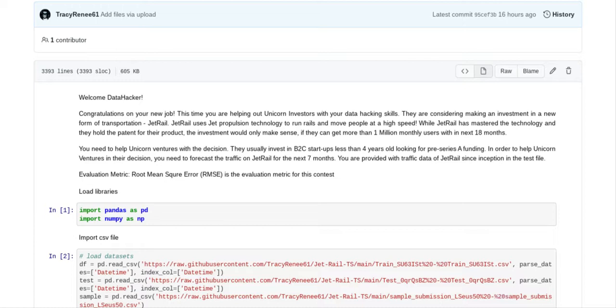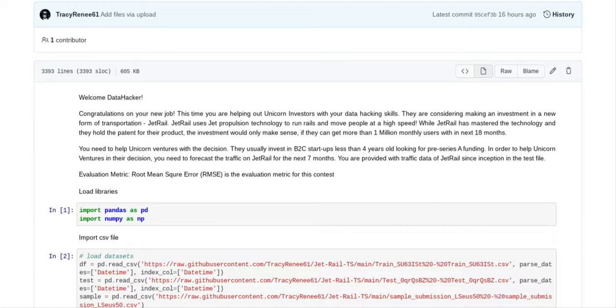They are considering making an investment in a new form of transportation, JetRail. JetRail uses jet propulsion technology to run rails and move people at a high speed. While JetRail has mastered the technology and they hold the patent for their product, the investment would only make sense if they can get more than 1 million worth of users within the next 18 months.